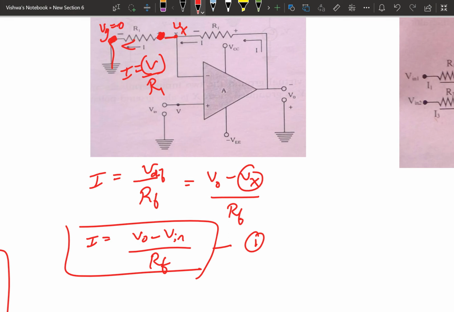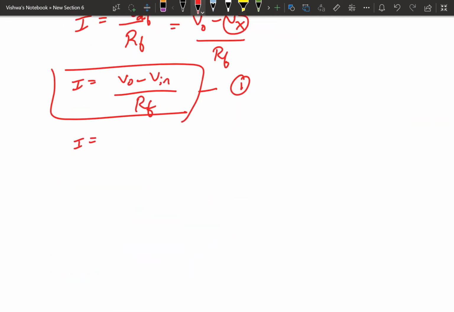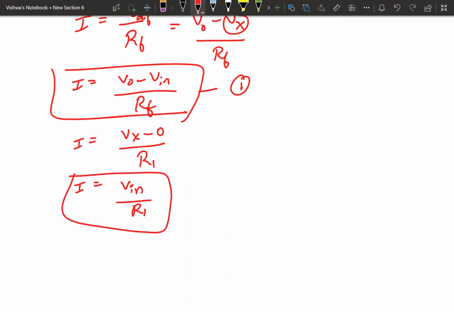So I is equal to (Vx minus 0) divided by R1. Vx is at the input potential V in, so I is V in divided by R1. Call this equation number 2.